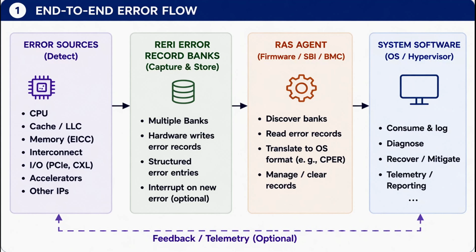Finally, system software, the OS or hypervisor, consumes the record, diagnoses, attempts recovery, mitigates, or logs for telemetry. And notice the dashed feedback arrow at the bottom. Telemetry can flow back to influence how hardware reports future errors. That's the whole story in one picture. The rest of the sections zoom into each piece.